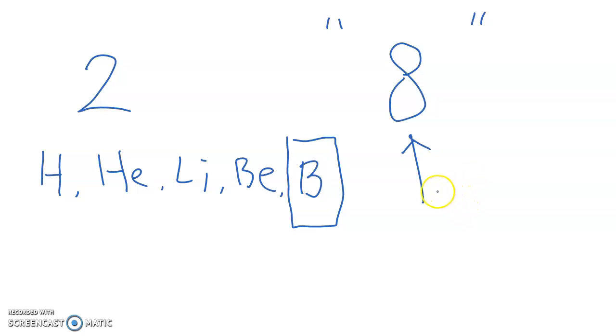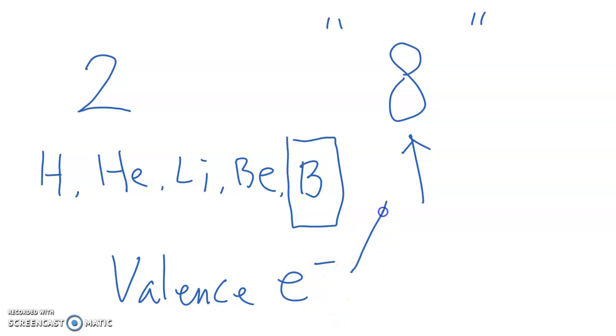So what do I mean by magical number? That means the number of valence electrons, if it's 8, then the atom will be very happy. Okay, what do I mean by that? Let's look at the electron configuration.